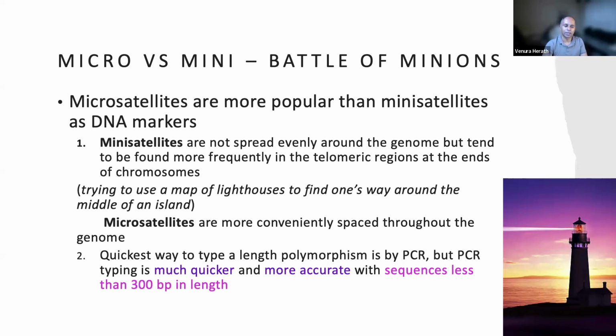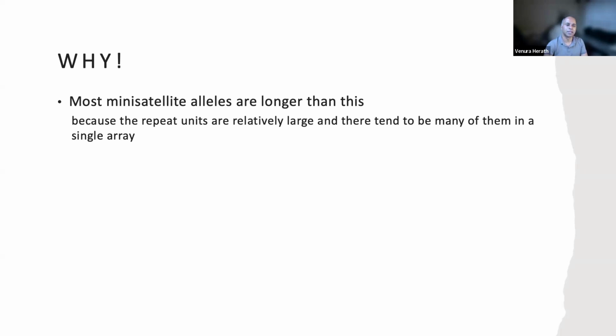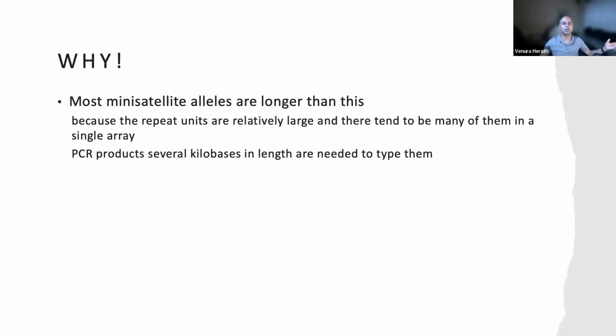If you're wondering why I'm talking about this, most minisatellites are longer than this because, as I mentioned earlier, they are located towards the end, their repeat units are relatively large, and they seem to be present in single arrays, not multiple arrays. The result is that your PCR product is going to be several kilobases in length. So that means it's not convenient compared to microsatellites.